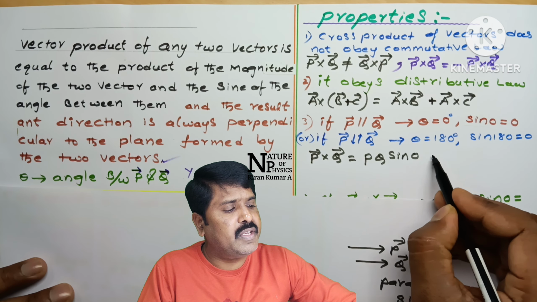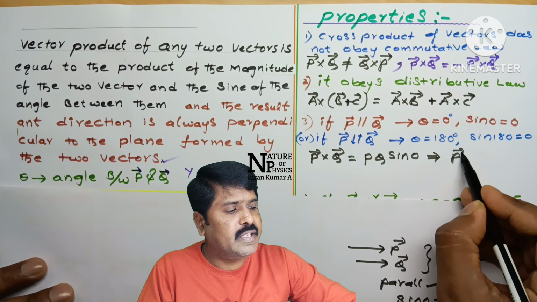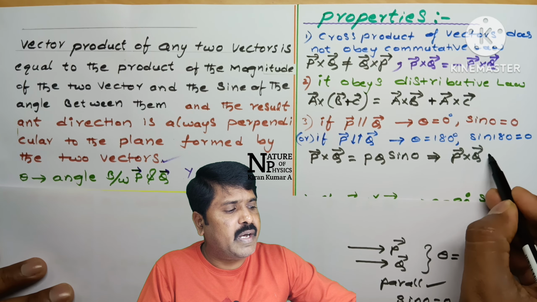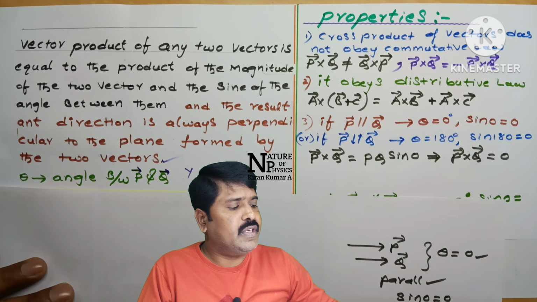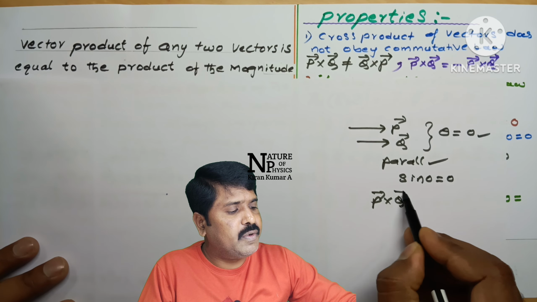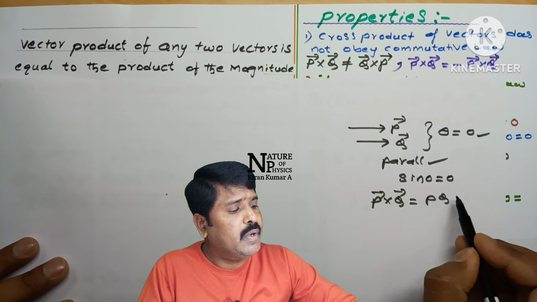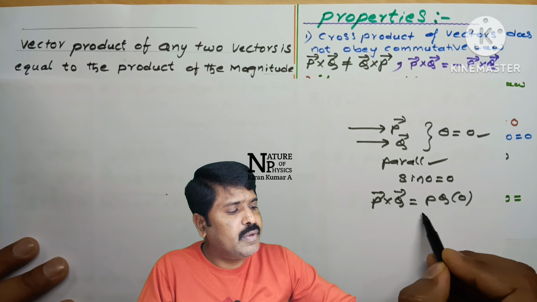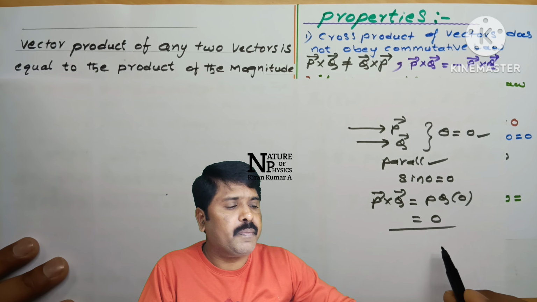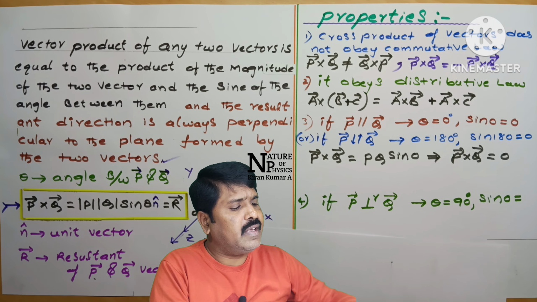Sine 0 is 0, and 0 into anything is 0, so P bar cross Q bar is equal to 0.